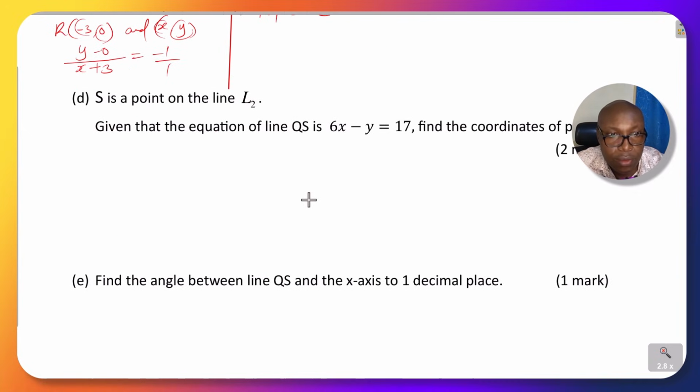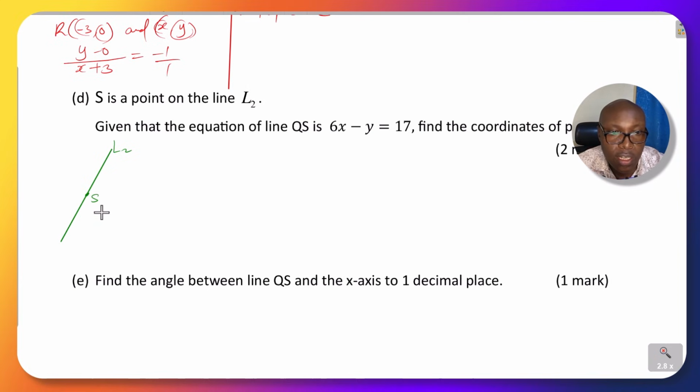The last part, part D: S is a point on the line L2. Given that the equation of line QS is 6x minus y is equal to 17, find the coordinates of point S. So let me sketch this line. Let's say that this is the line L2, and S is a point on L2.